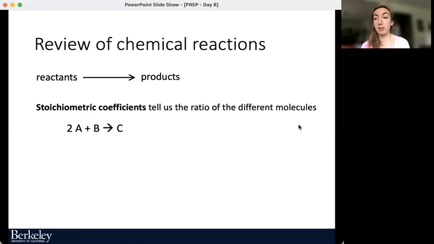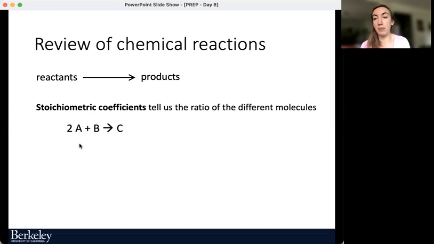So for example, if I have a reaction that's 2A plus B goes to C, this is a really common way of writing reactions, especially in engineering. So A, B, and C are all molecules. They could be C6H12, CO2, whatever. And we're just being lazy and saying, we don't want you to focus on the specific atoms and bonds.